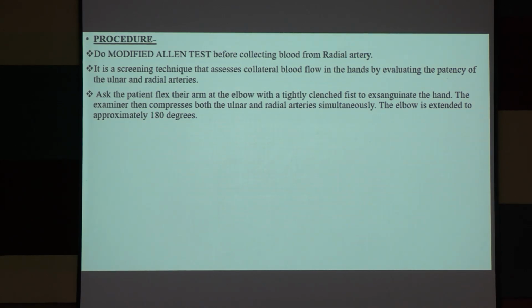Like this, both ulnar and radial arteries simultaneously. Then the elbow is extended to approximately 180 degrees. The fist is then unclenched, and the palm should appear white because both the ulnar and radial arteries are obliterated by your fingers. There is no blood circulation in the palm, so it appears white.